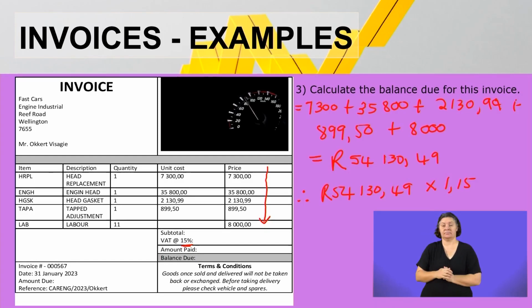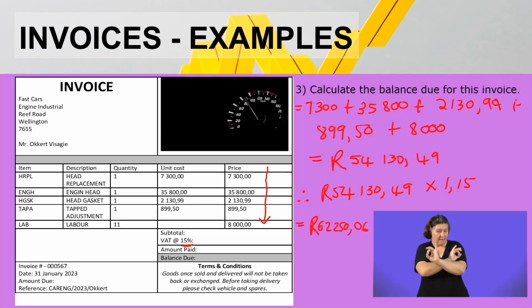So all in all, you'll pay 62,250 Rand, and I'm going to round off straight away, and 6 cents. Okay, so I hope that is clear. So what I did, I added all the amounts together, got the VAT exclusive amount. Thereafter, I multiplied by 1.15, and I got my VAT inclusive amount.